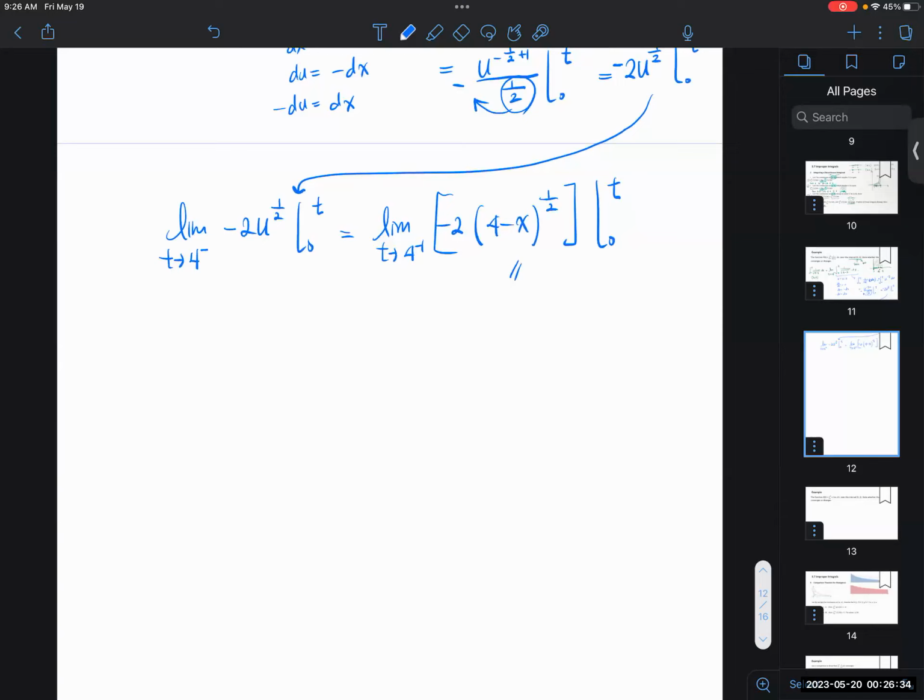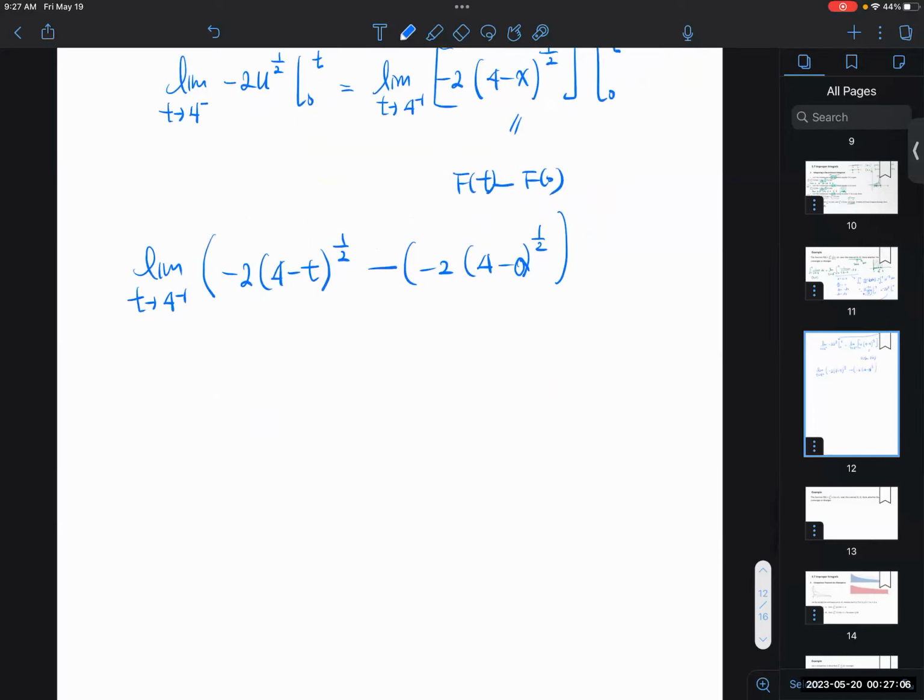So actually we have to do f of t minus f of 0. So the limit of -2 times (4 minus x) to the 1/2. We're gonna plug in t: -2 times (4 minus t) to the 1/2, minus -2 times (4 minus x) with x being 0, because we'll be plugging in 0 and subtracting. So the limit as t approaches 4 of -2 times radical 4 minus t, because of the half exponent.